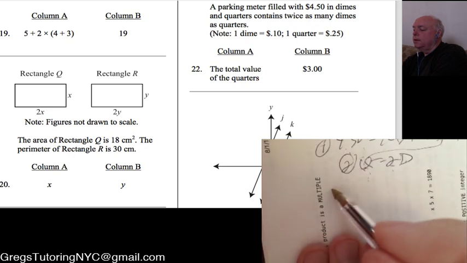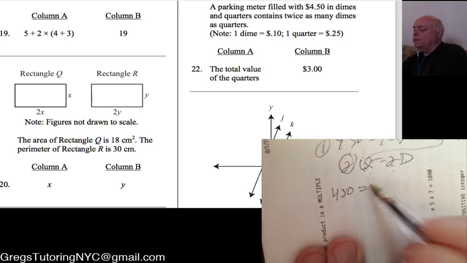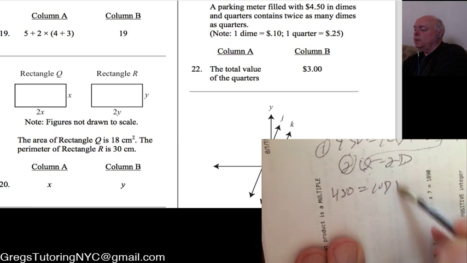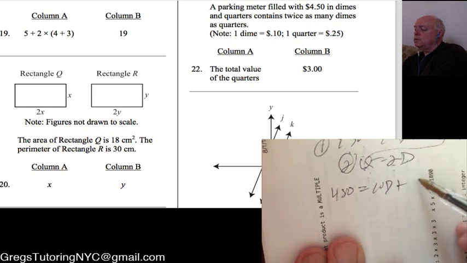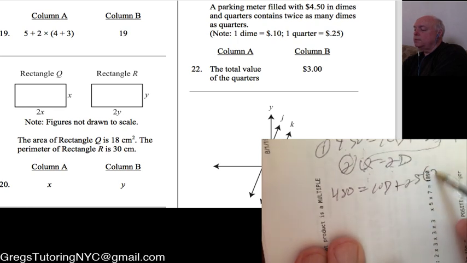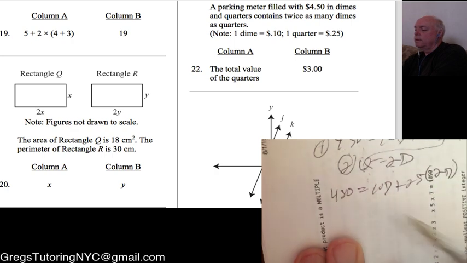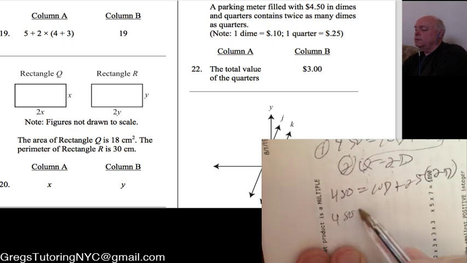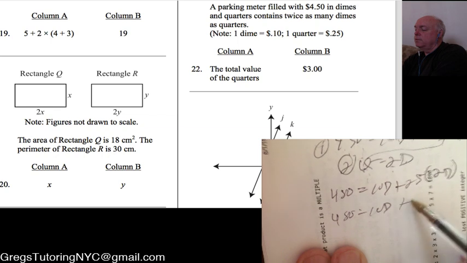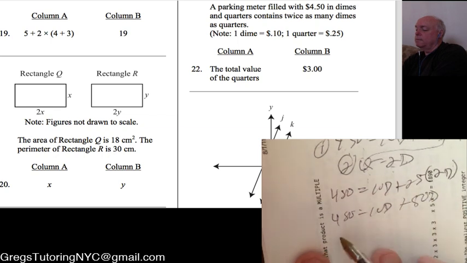So we're going to get 450 equals 10D plus 25 times 2D. So we get 450 equals 10D plus 50D. So we get 450 equals 60D.